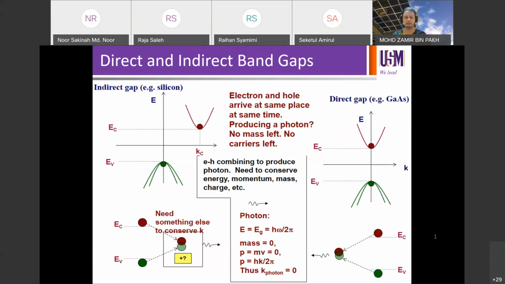Silicon in its original form is an indirect band gap material. Therefore, it cannot emit light because when the electron drops from the conduction band to the valence band, the energy difference will be emitted as heat. But on the other hand, okay, I've got some answers here. Good. I'll go through later on.